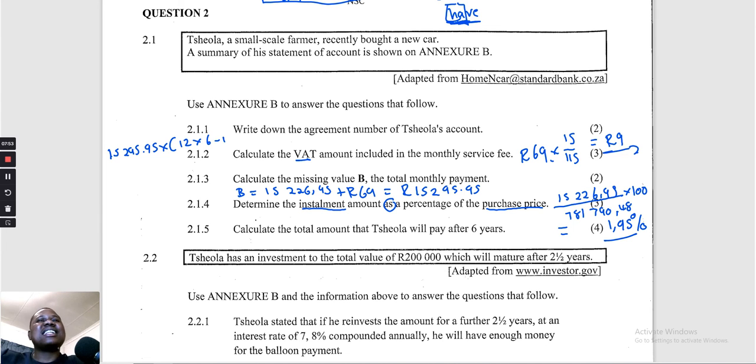Remember, on the 72nd month, he is going to pay the balloon payment. He is no longer going to pay the 15,000. You understand? So it means here I'm literally going to have 15,295.95 multiplied by 71. Okay, I hope people understand why I'm doing that. So where is the other month? On the other month, he is going to pay the balloon. Okay, then from doing that, we can close the brackets, and then we say plus the balloon payment.